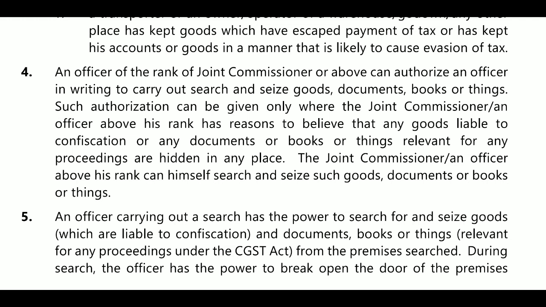If confiscable goods or any documents, books or things relevant for any proceedings are hidden in any place, then the Joint Commissioner or an officer above his rank can himself search and seize such goods, documents, books or things. This is the case for search and seizure.